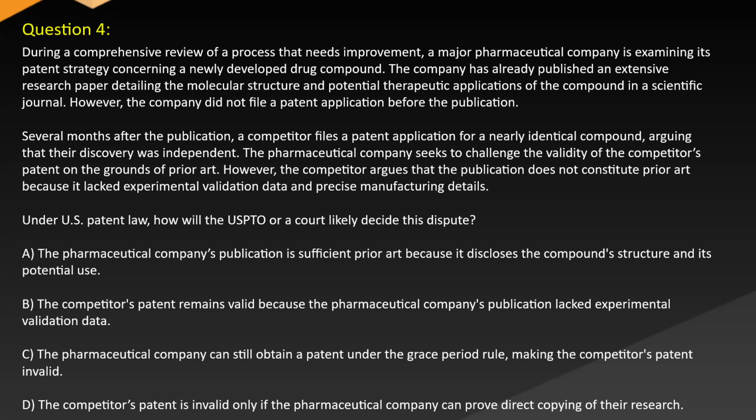B. The competitor's patent remains valid because the pharmaceutical company's publication lacked experimental validation data. C. The pharmaceutical company can still obtain a patent under the grace period rule, making the competitor's patent invalid. D. The competitor's patent is invalid only if the pharmaceutical company can prove direct copying of their research.